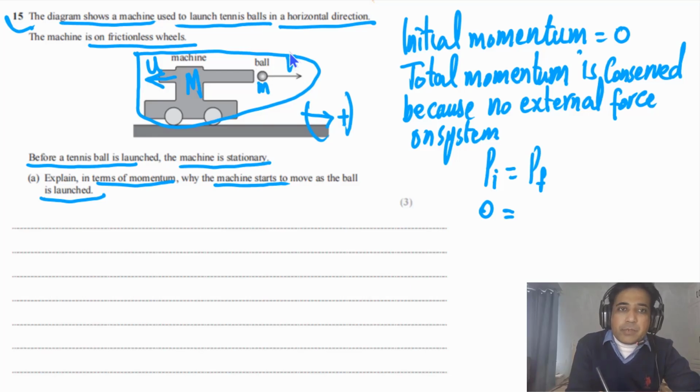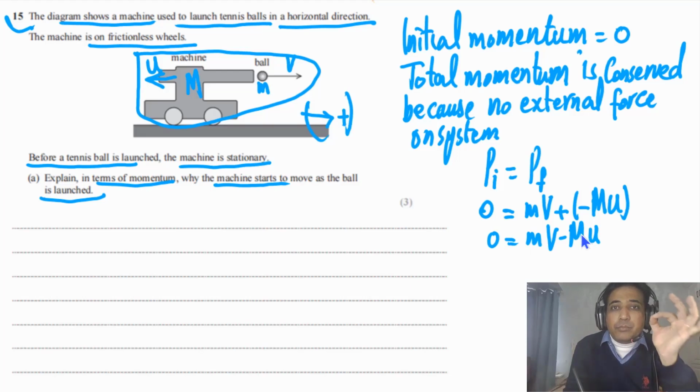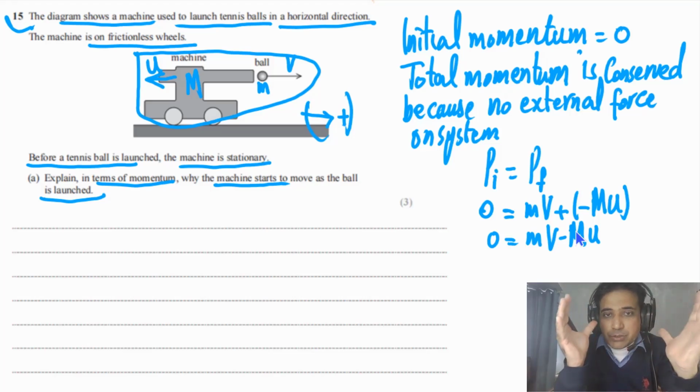So the vector sum of momentum of this plus this has to be equal to 0. So we can say m times v, which is positive, plus minus capital M times u. These two have to be equal in magnitude. So mv minus Mu has to be equal to 0. So that's the reason the machine must have speed in the opposite direction, meaning the machine has to move. So these are the points you need to understand to answer this question.